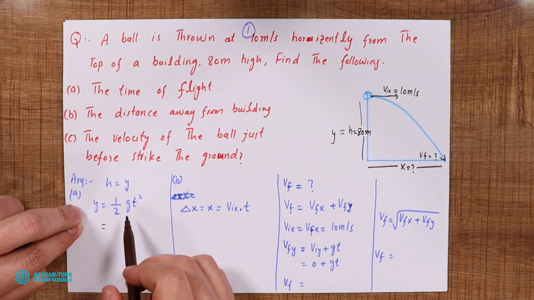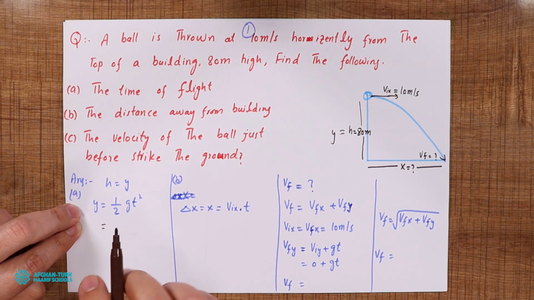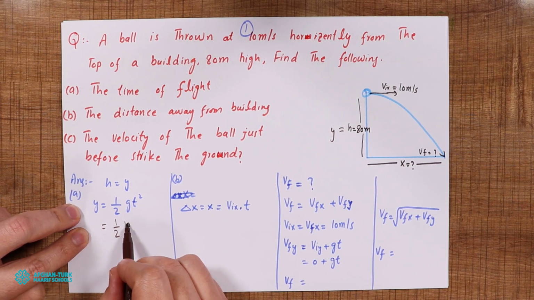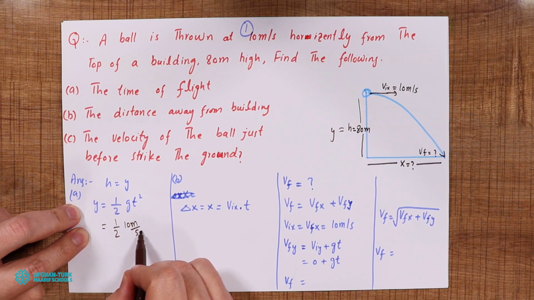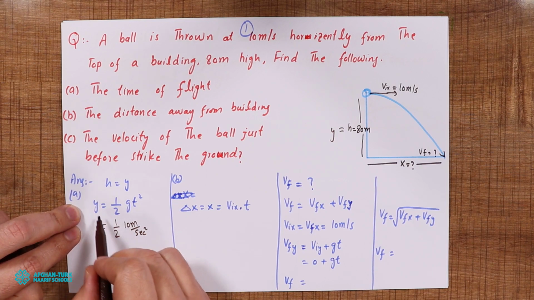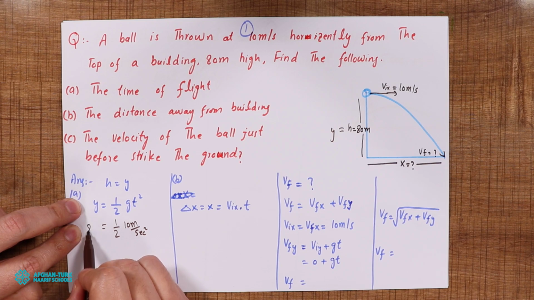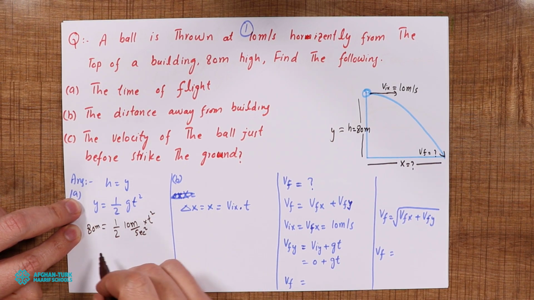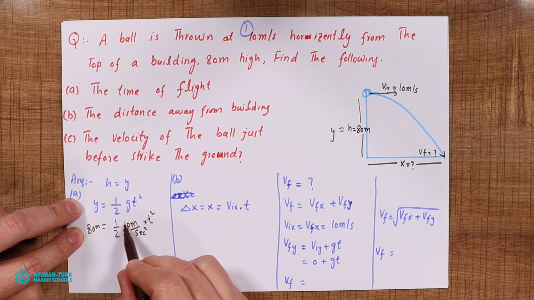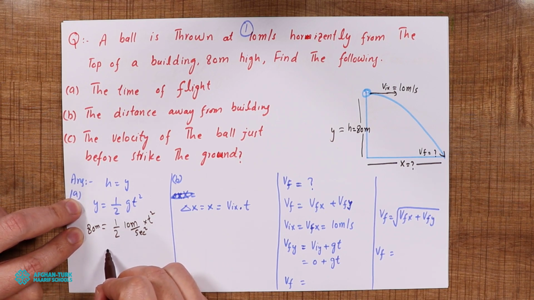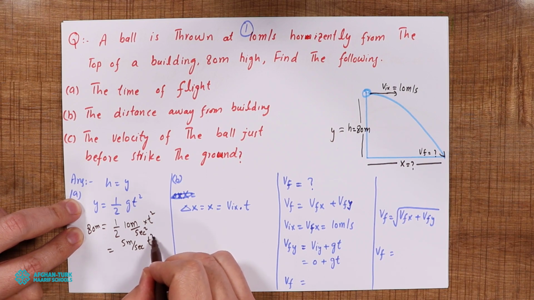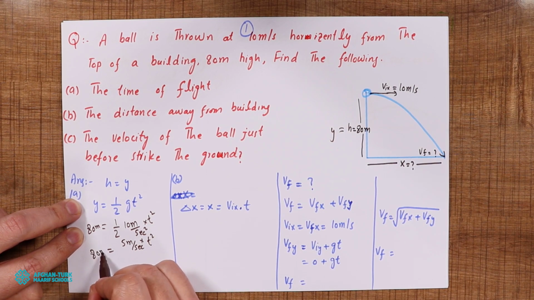If we put in the values, 1/2 times g, with acceleration in meters per second squared, and y is 80 meters, multiplied by t². Now if we divide 10 by 2, the value will be 5 meters per second squared times t², and here is 80 meters.